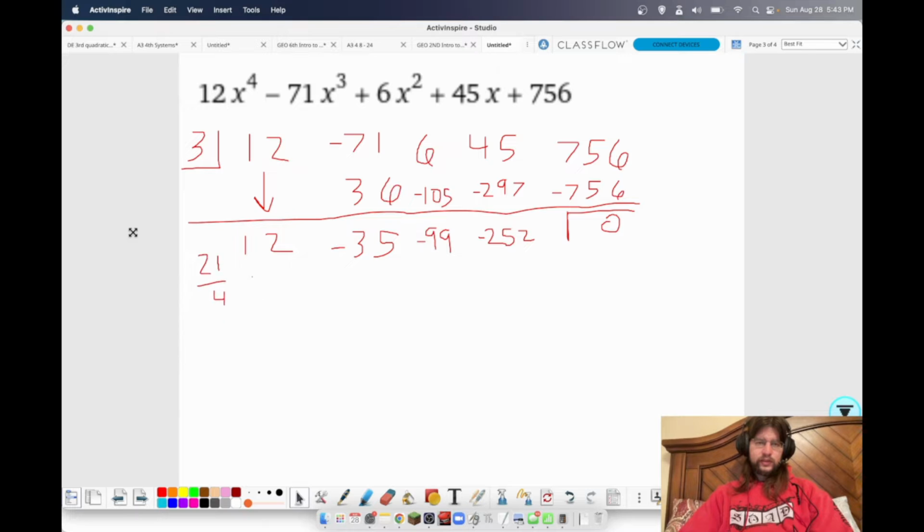So that's the next root we're going to use, and we're going to use it with these new coefficients. So same process.